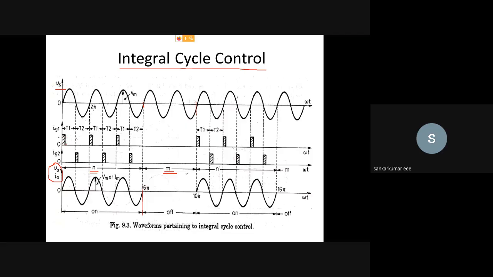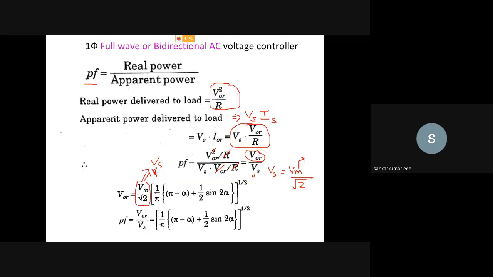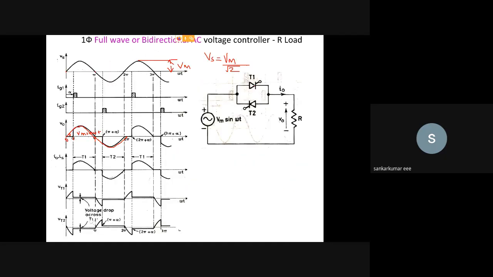Correspondingly, we are giving the gate pulses. The circuit diagram will be the same; we already have the circuit diagram from the previous case. So this is your circuit diagram. The circuit will be the same, but the turn on method will be different for phase angle control and integral cycle control, right? Here also T1 will be conducting for the positive half cycle and T2 will be conducting for the negative half cycle.